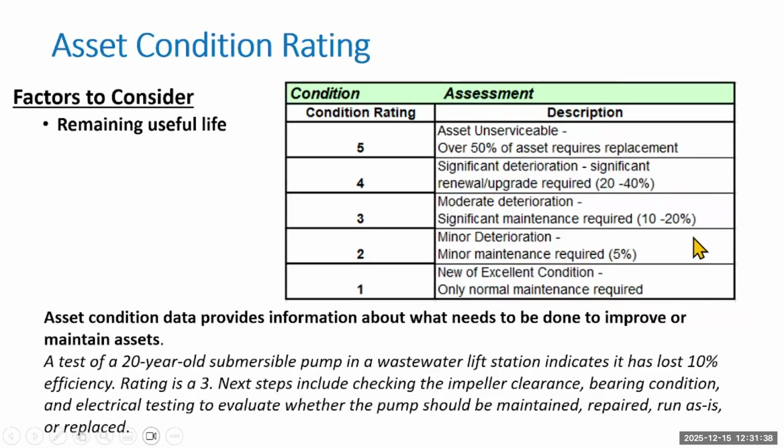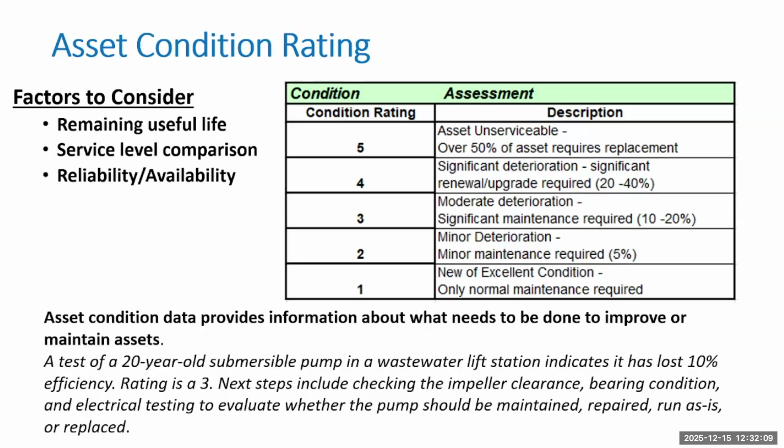What do we need to look at when we do these condition ratings? How much remaining useful life is there? That's important because if there's no useful life, then that has an effect on our condition. How is it meeting our service level? How is it compared to what it's supposed to do? If it's supposed to pump 100 gallons a minute and it's only pumping 50 gallons a minute, then it's not meeting that. How reliable is it?